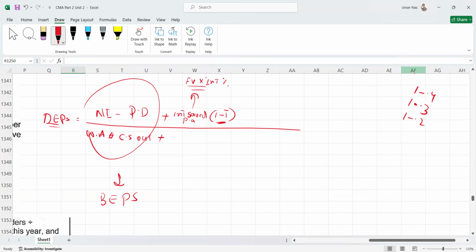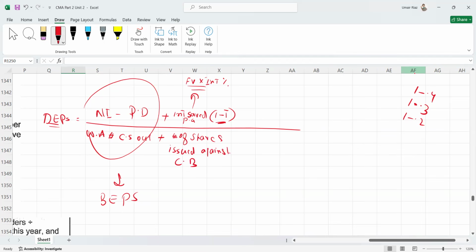And in the denominator, because we are going to issue common shares against the convertible bond, we add the number of common shares issued or to be issued against the convertible bonds.